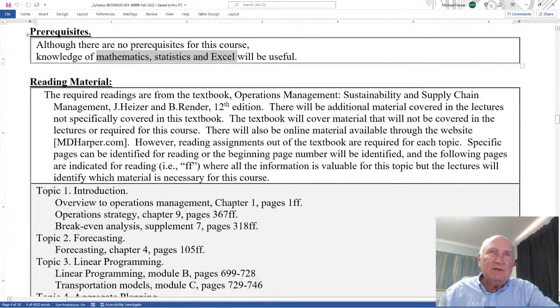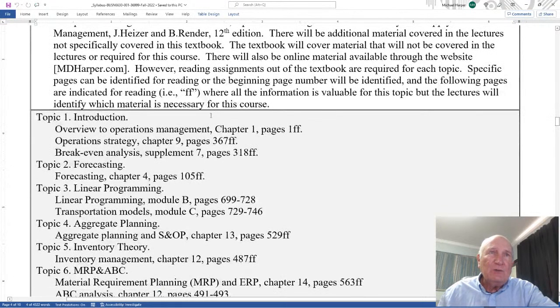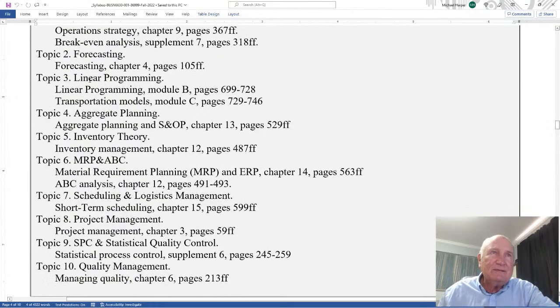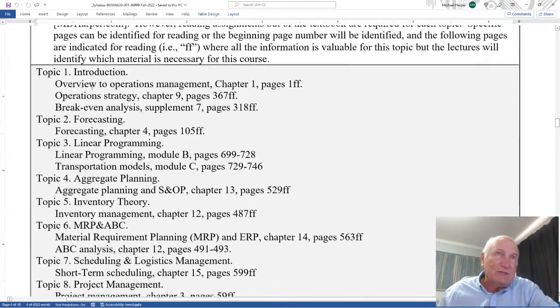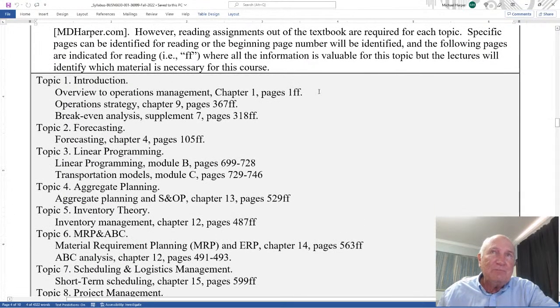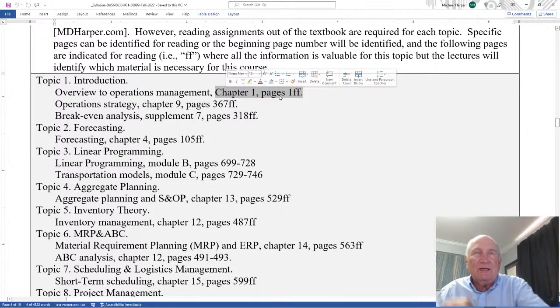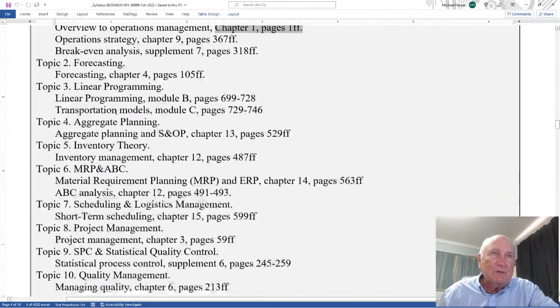Here's the reading material, Heizer and Render. I took the different topics within operations, some of which are in this course, and listed the chapters and the pages. FF means and following pages: chapter 1 and the following pages for operations and strategies, and linear programming, forecasting.